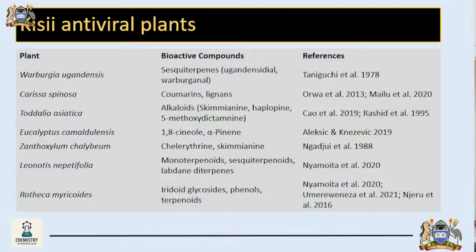So in terms of results, we have very interesting results. We have purposely divided them into the 3 main groups that are found in southwestern Kenya, the Kisii, the Luo, and the Kuria. And if you look at this, basically we have a column for bioactive compounds, and references that have been used to get this particular data. And then what comes out very interestingly is that we have data for the references between 1978 and 2025.